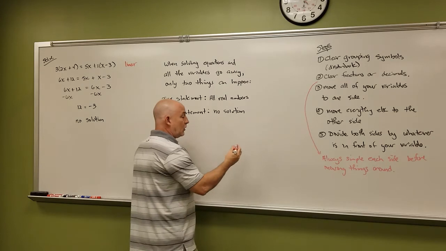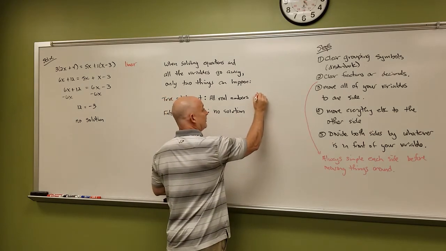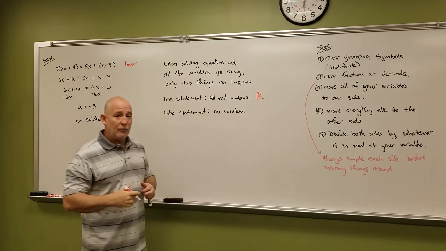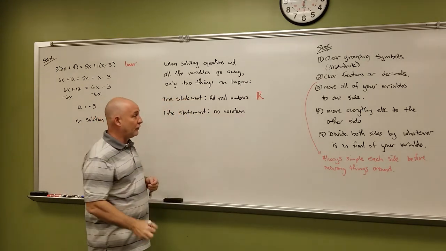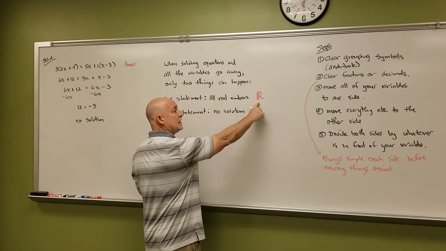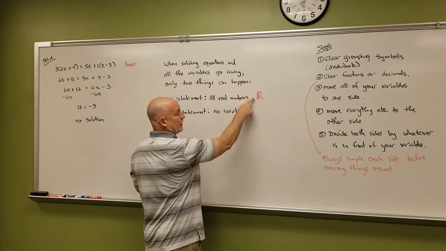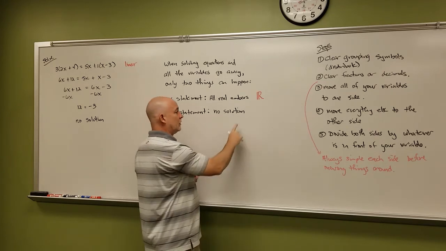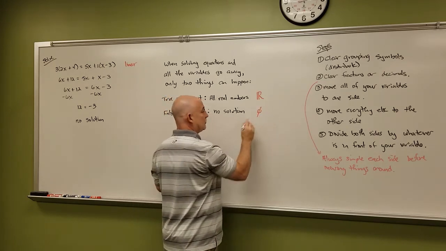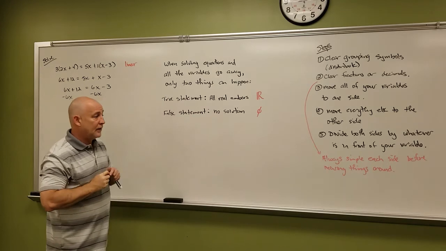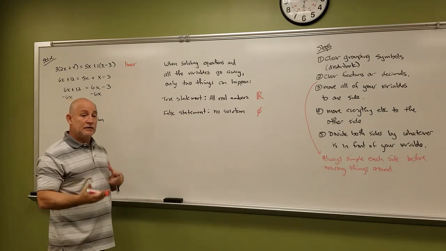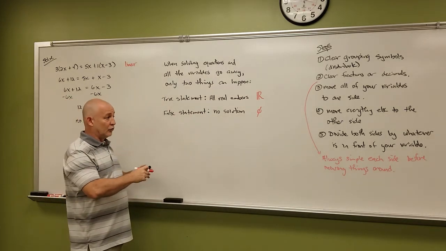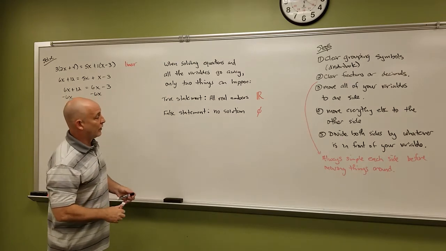The symbol we use for all real numbers is a capital, bold, scripty R looking thing. But since we can't write bold when we're using pen or pencil, the way you write a bold letter is you add an extra line in it somewhere, and we add it on the down part of the R. That means all real numbers. For no solution, you generally see a small circle with a line through it. That's a symbol for what's called the empty set or the null set. Basically, it's a group of nothing or no things in it whatsoever.